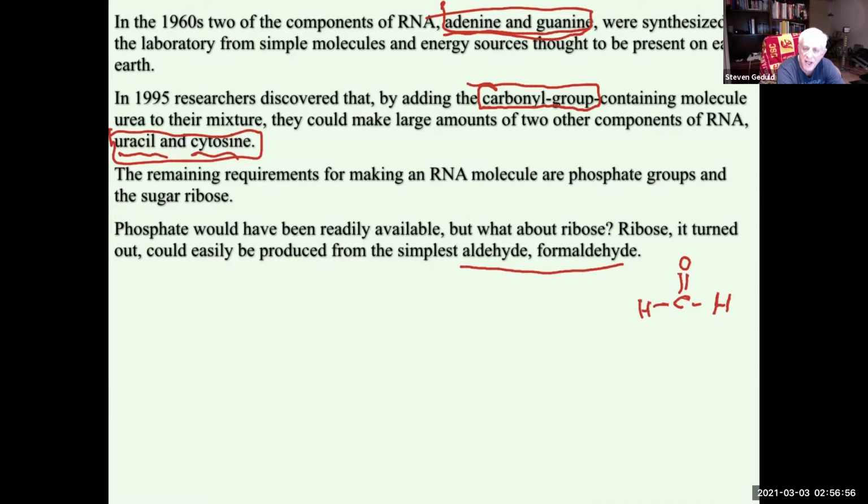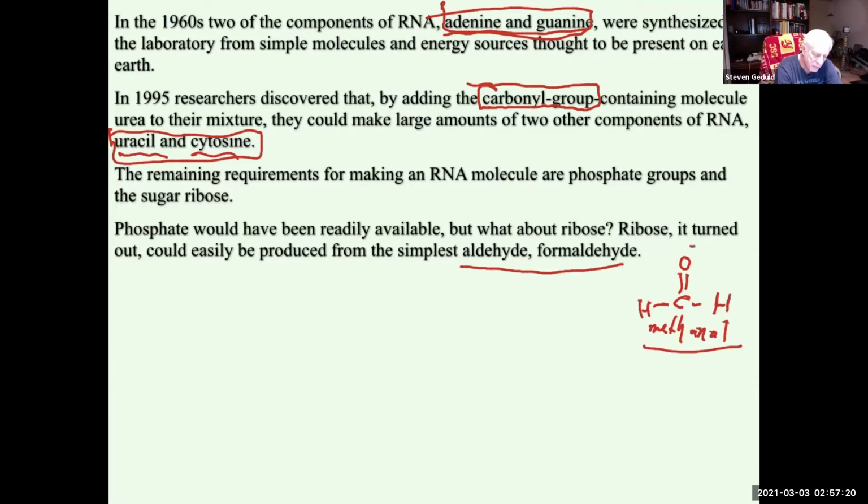The IUPAC name for that would be 1 carbon, and it's an aldehyde, so "al" ending. So that is methanal. You take methane, because it's only 1 carbon, drop the E, and add "al". So methanal, better known as formaldehyde. And from formaldehyde, you can make the sugar ribose.